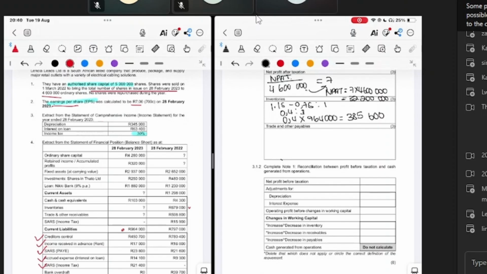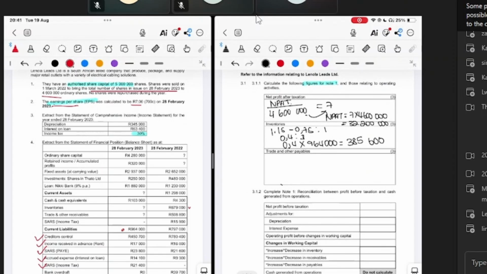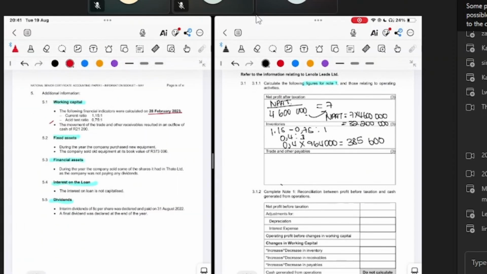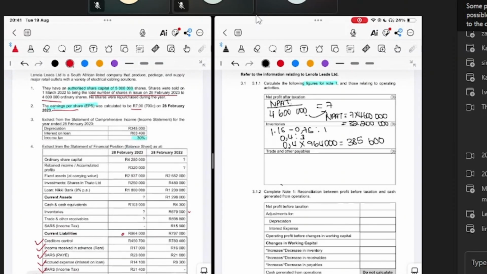So we have here trade and other payables for number 3. Okay, so these are trade and other payables that you'll be using in your note 1. That's what they're asking in the question. So, okay.